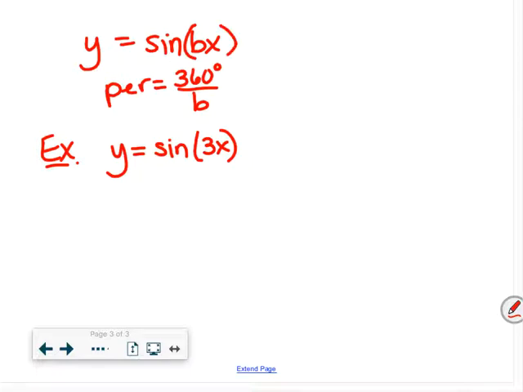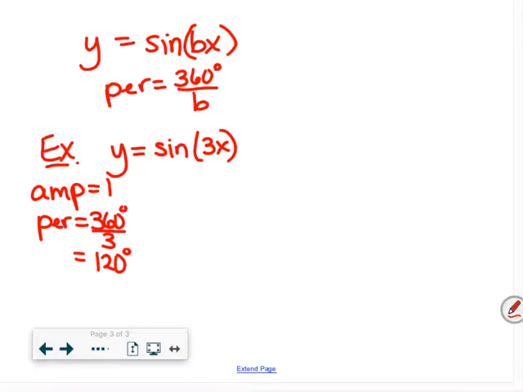And maybe I'll go back up and just make sure that you understand that's inside the sine function. So remember, amplitude is the absolute value of the number out front. So my amplitude is 1, but my period length is 360 degrees divided by b. B is the number in front of x. So my period length is 120 degrees.